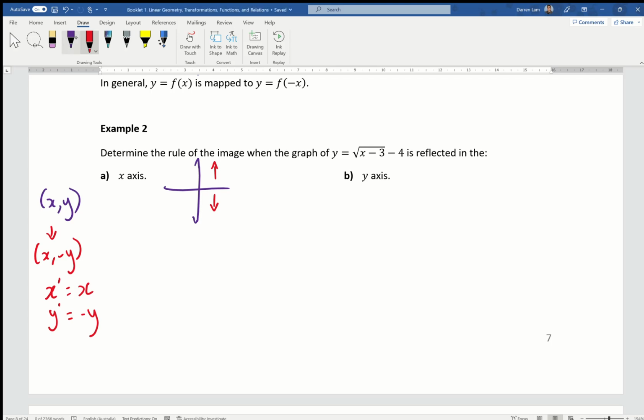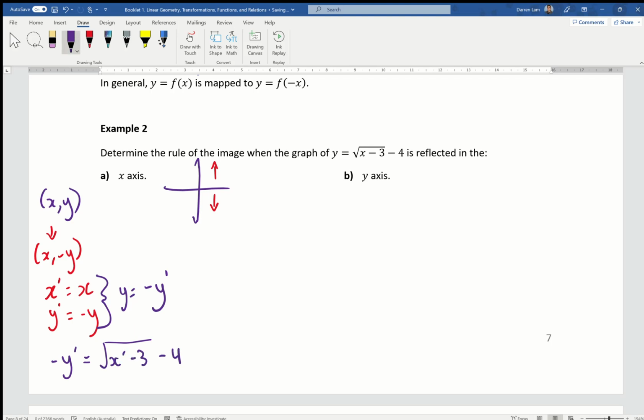I then go ahead and rearrange them. So I'm not even going to bother writing the x one, but I'm going to write y equals negative y dash. I'm going to replace our original equation with our new found variables. So instead of writing y, I'm going to write negative y dash equals root of x dash minus 3 minus 4.